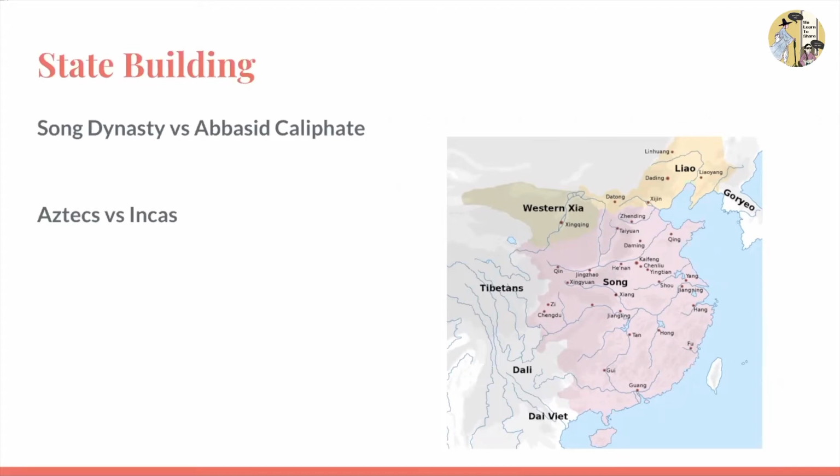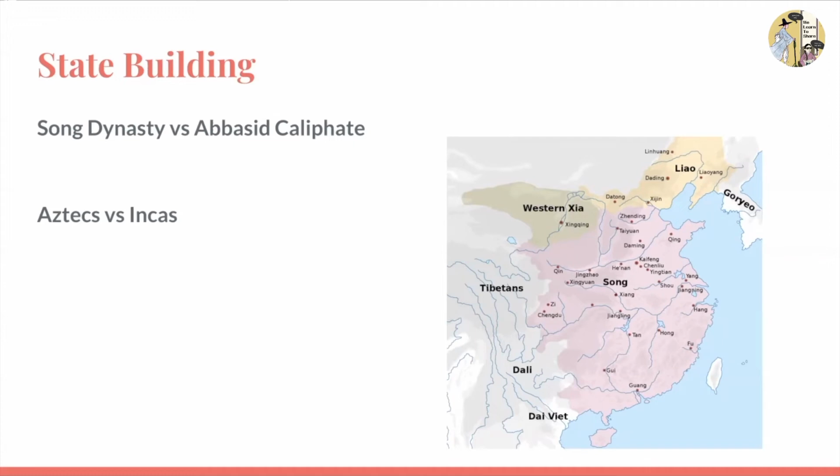This was because Song China was able to flourish due to the advancement of technology such as gunpowder and also progress culturally, thanks to the revival of Confucianism and the civil service exam. The Abbasid Caliphate, on the other hand, had to face invaders and therefore was falling apart. However, not all was bad for the Abbasid Caliphate, as they were able to build new Muslim states such as the Delhi Sultanate.